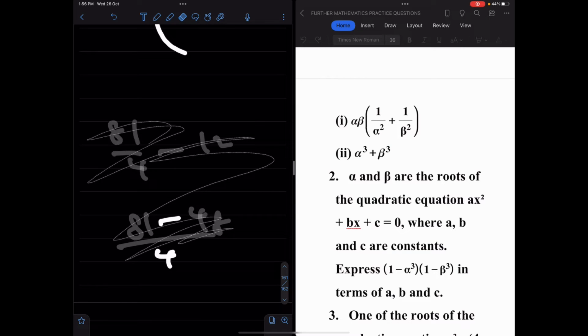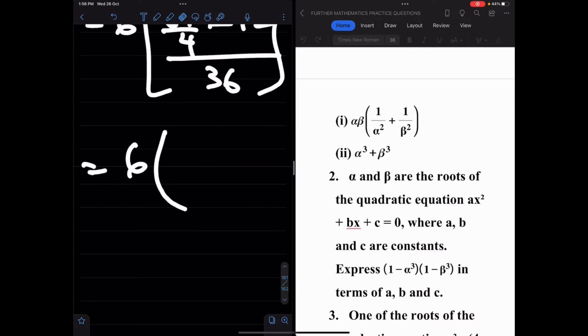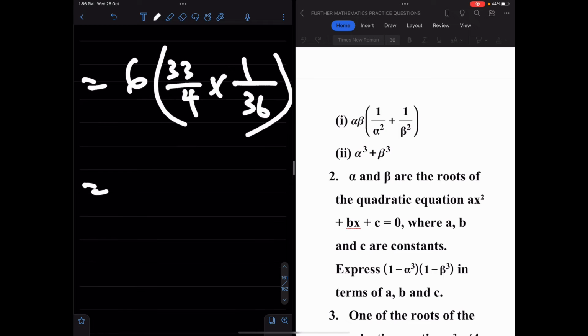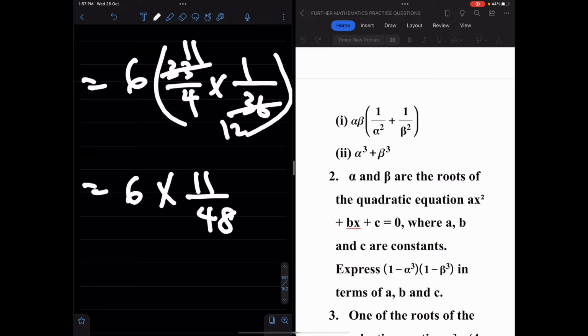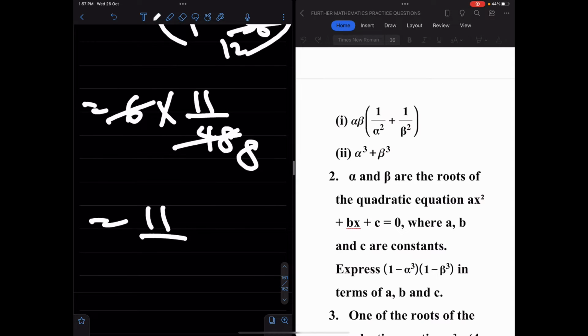So we're doing 33 over 4 divided by 36, which means times 1 over 36. 3 goes into 33 eleven times, and 3 goes into 36 twelve times. That simply means 6 times 11 over 48. 6 goes into 6 once and into 48 eight times. And the answer is 11 over 8.